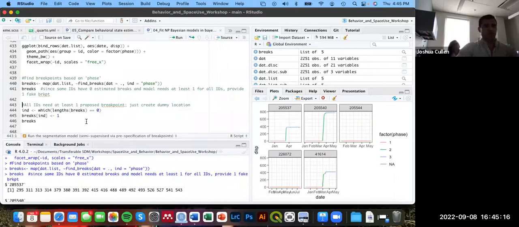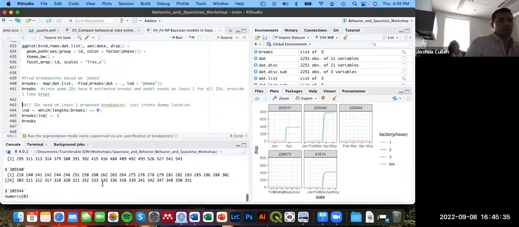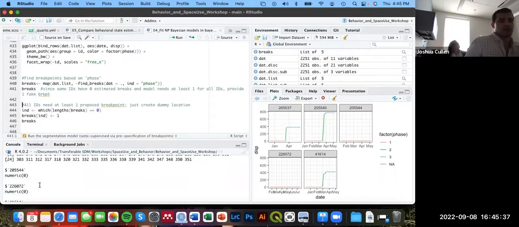But the one thing the model requires is that every track must have at least one breakpoint. Even if there's only one track segment that's truly there, it can't have 0 breakpoints. It has to have something. So for our 2 resident individuals that don't have any changes, we're just going to give it a value of 1.